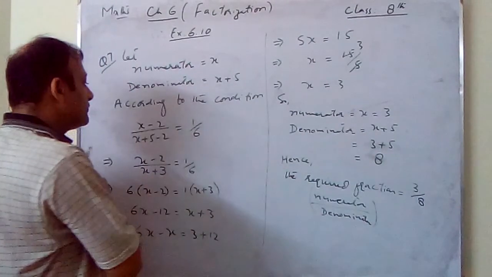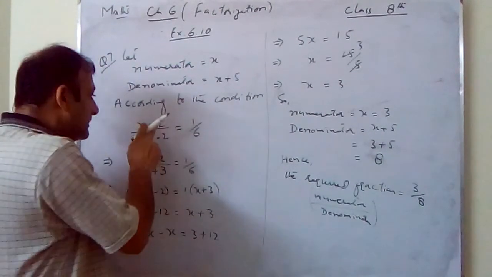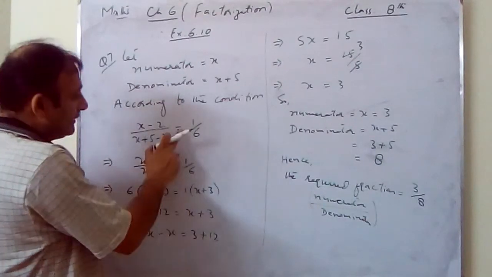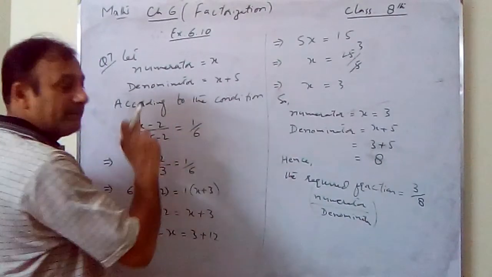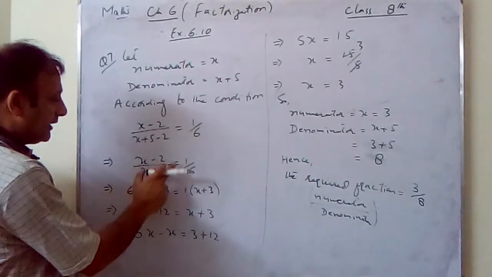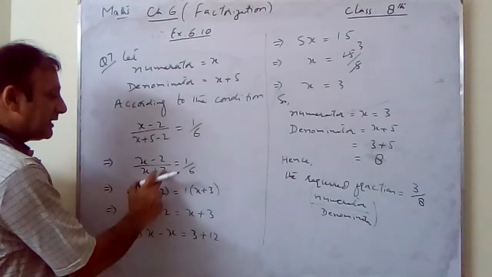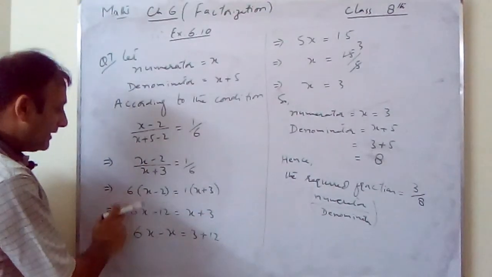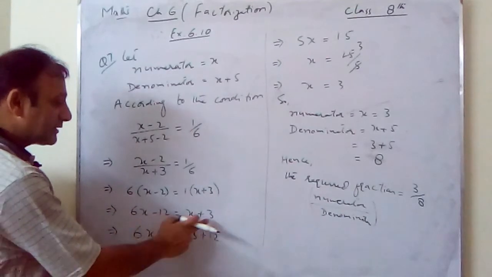According to the condition, he is saying in the question, subtract 2 from the numerator and from the denominator. The result is 1 by 6. So x minus 2 over x plus 5 minus 2, 3. So x minus 2 divided by x plus 3 is equal to 1 by 6. By cross multiplying, we have 6x minus 12 is equal to x plus 3.